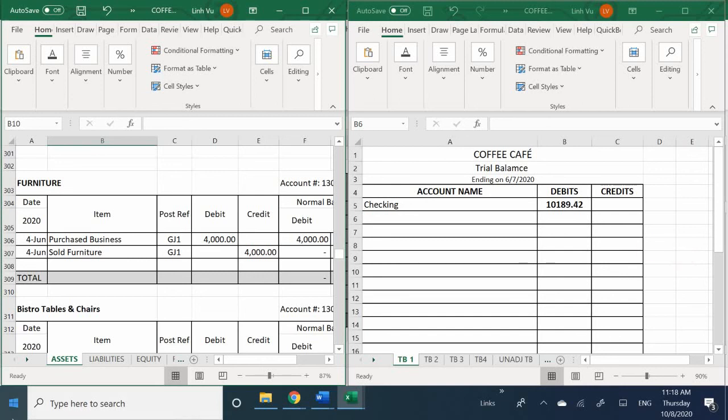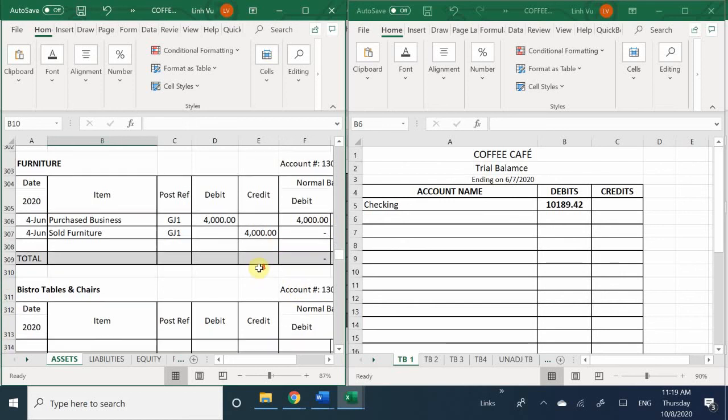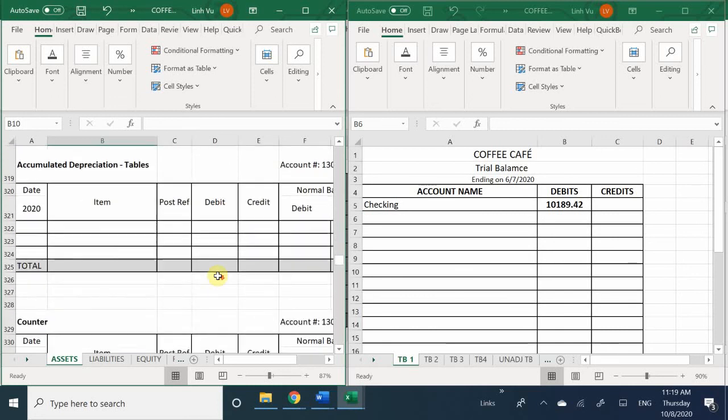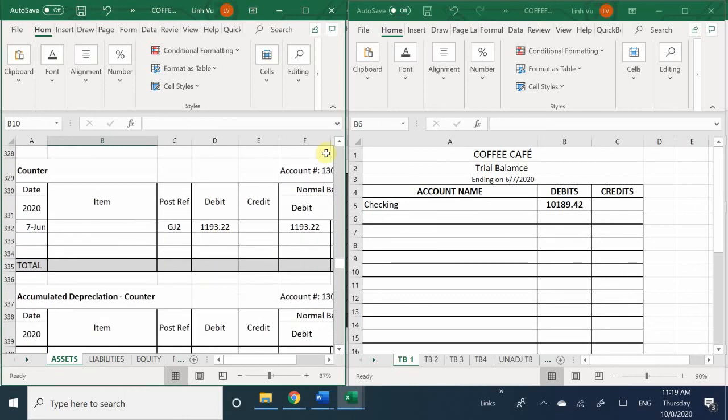So in this case, my furniture account does not have a balance in it, so I'm going to ignore it. What about my bistro tables? Nothing yet. All right. What about my counter?